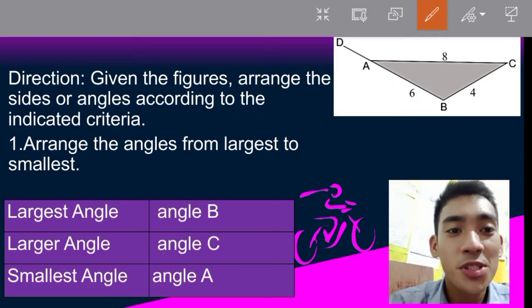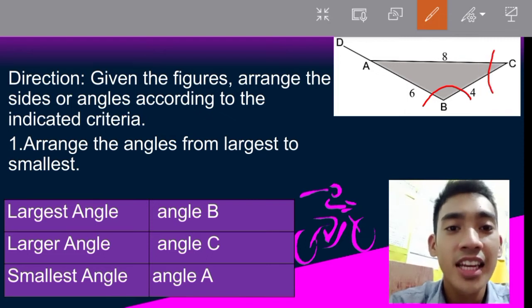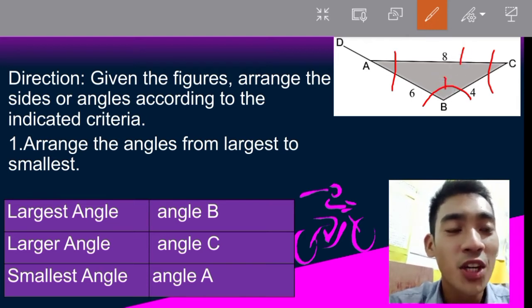Our largest angle is angle B. Our larger angle is angle C. And our smallest angle is angle A. As you can observe from this diagram, the opposite of the largest angle is the longest side, which has a unit or length of 8, that is line AC.